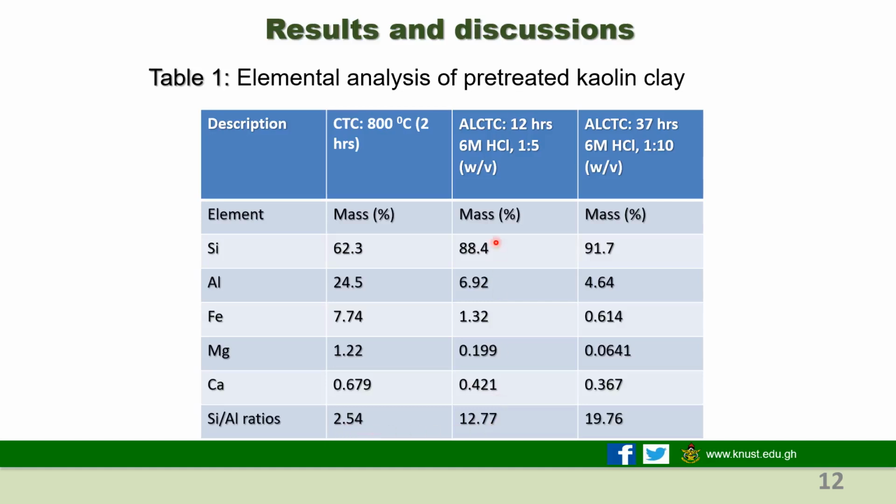After acid leaching in 6 molar HCl in a ratio of 1:5 for 12 hours, the silicon to aluminum ratio increased to 12.77. When the acid leaching was continued for about 37 hours in 6 molar HCl in a ratio of 1:10, the silicon to aluminum ratio increased to 19.76, and this was used for the synthesis.